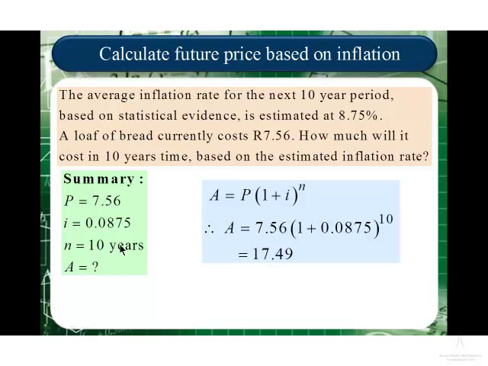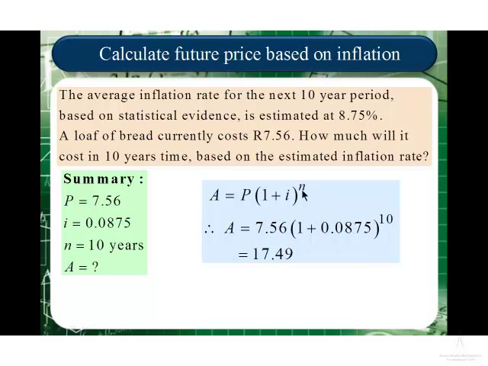Now, of course, as I've mentioned, inflation links with compound interest per year, so we use the compound growth formula for this particular problem to calculate the accrued value after a 10-year period of the bread price, which initially, as a principal amount, starts at R7.56.